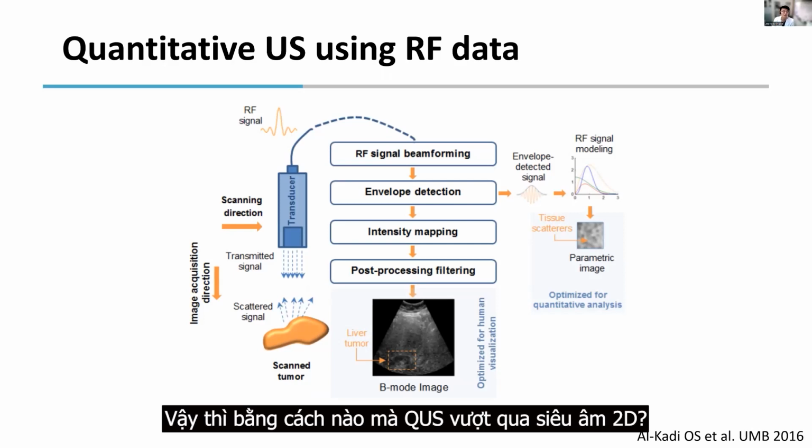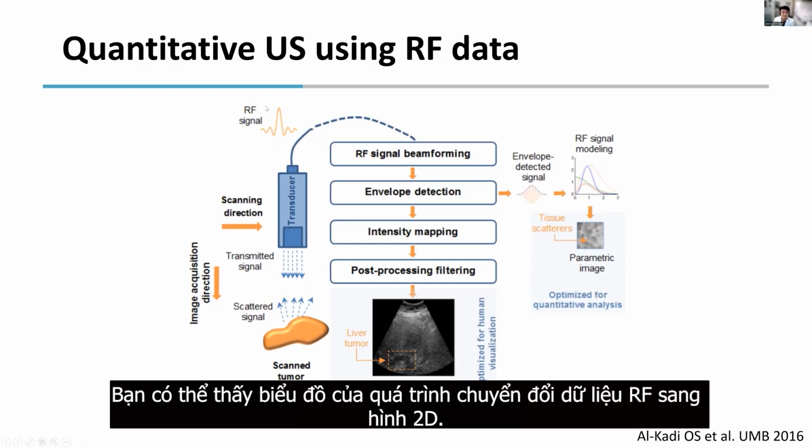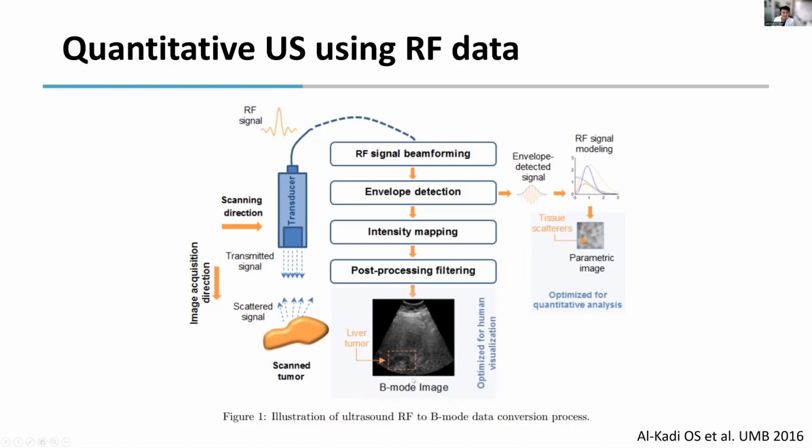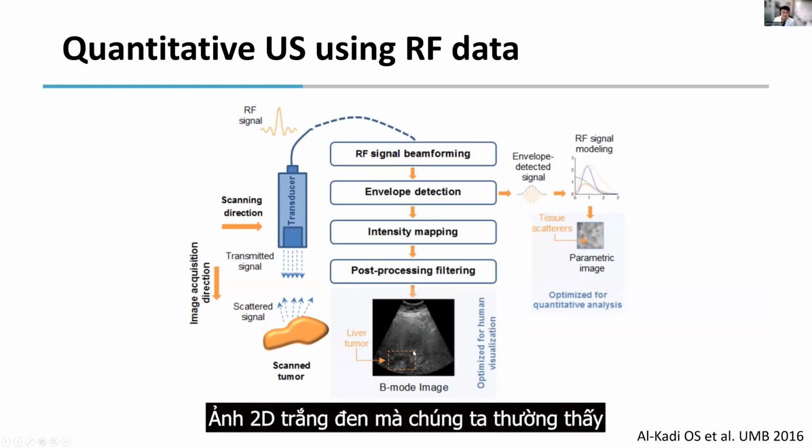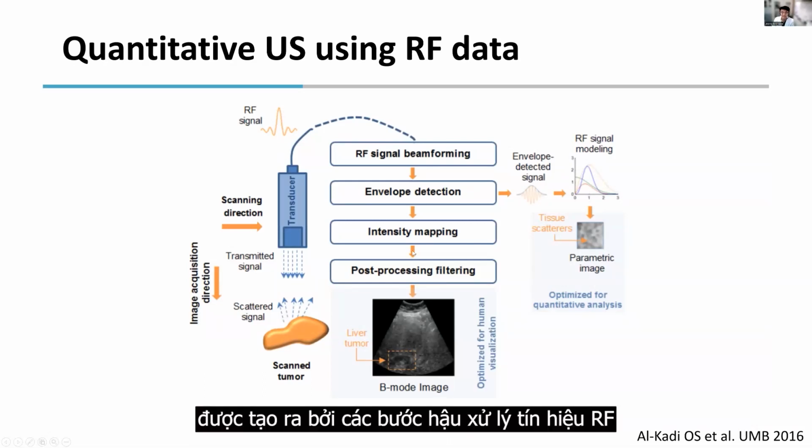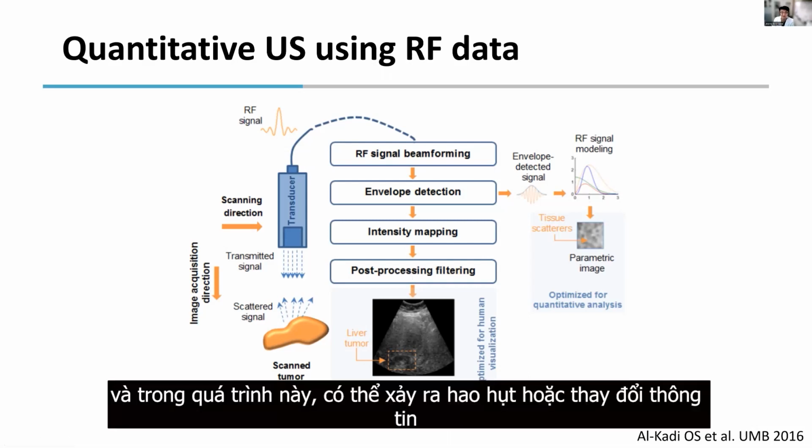Then how can QUS overcome the limitation of B-mode ultrasound? The key is the use of raw radiofrequency data of ultrasound signal. Here you can see illustration of ultrasound RF to B-mode data conversion process. The grayscale B-mode image, which we usually see, is generated by several steps of post-processing ultrasound RF signals. And during this post-processing process, the loss or alteration of information may occur.